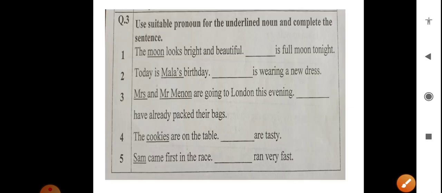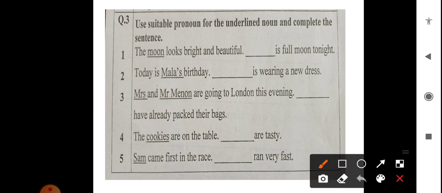Now, question number 3. Use suitable pronoun for the underlined noun and complete the sentence. We need to use a pronoun here, children. Pronouns are the words used in place of a noun. The moon looks bright and beautiful. Dash is full moon tonight.